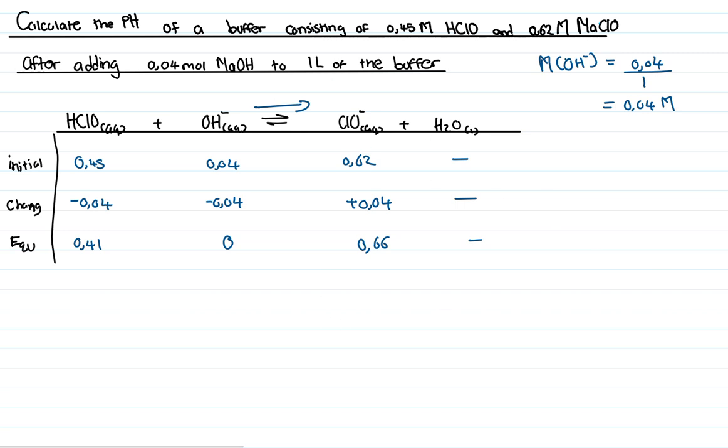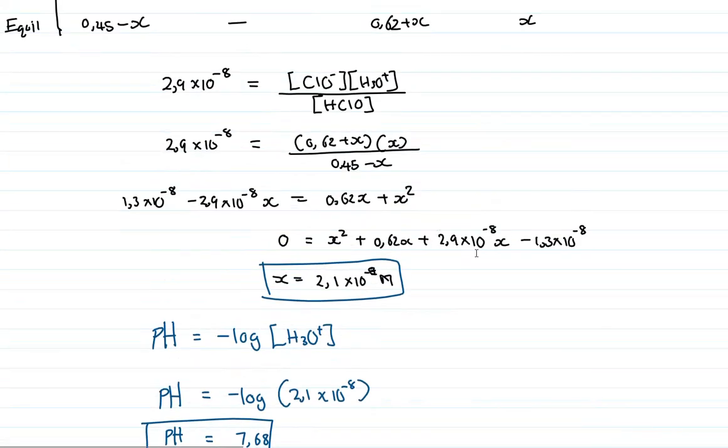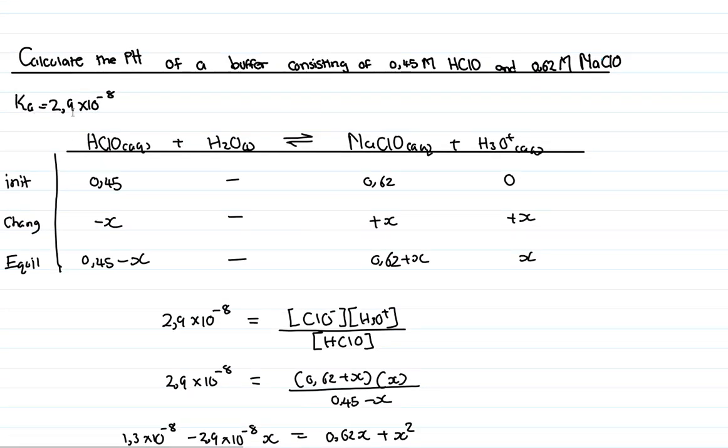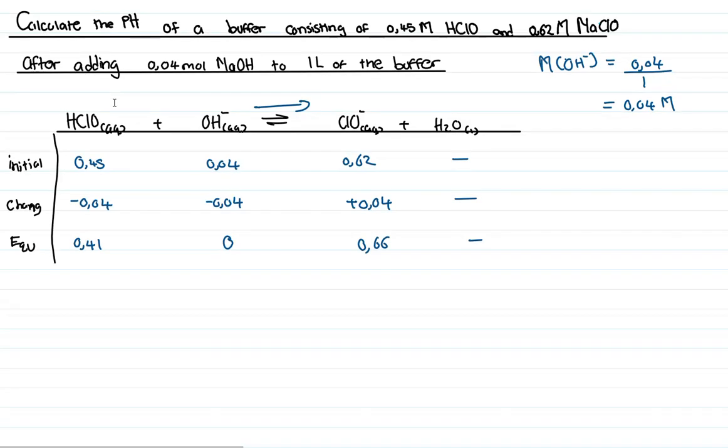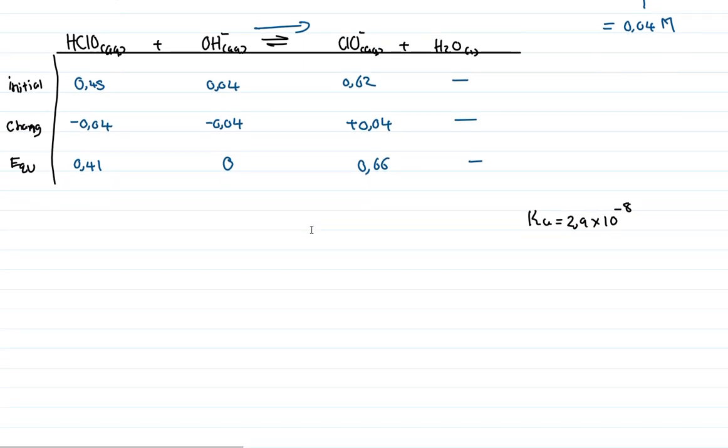But okay, let me write the Ka. So the Ka expression for this is 2.9 multiplied by 10 to the power of negative 8. So now that we have the equilibrium concentrations, we're gonna take those now.